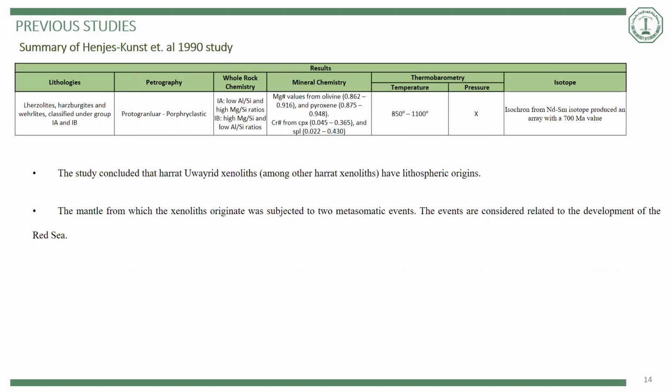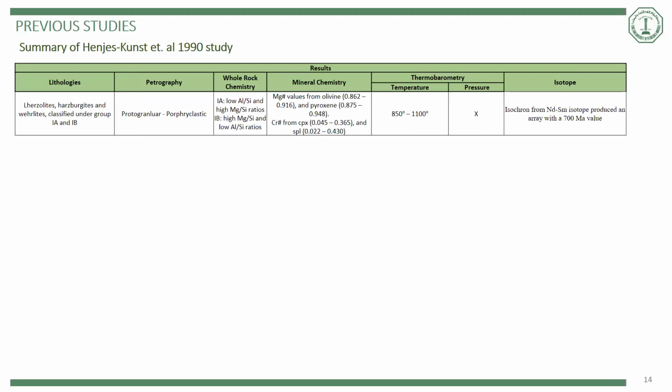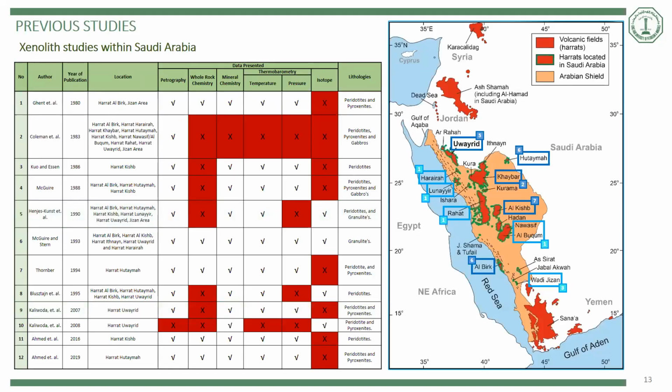But the data provided by Kaliwoda in 2007 still have gaps, which include the whole rock chemistry, and the petrographic descriptions are not quite detailed. So hopefully this study can provide additional data regarding the petrography description and also the whole rock chemistry interpretation of the Harrat Uwayrid xenoliths.